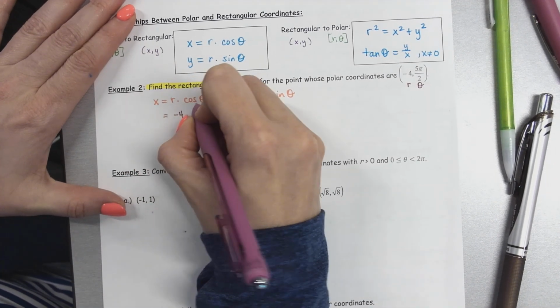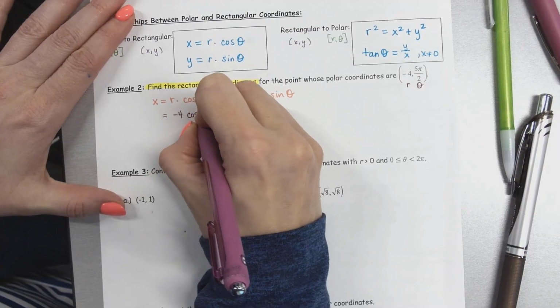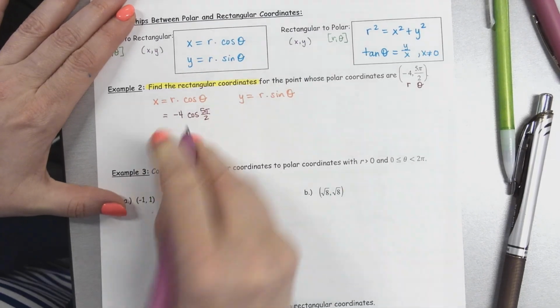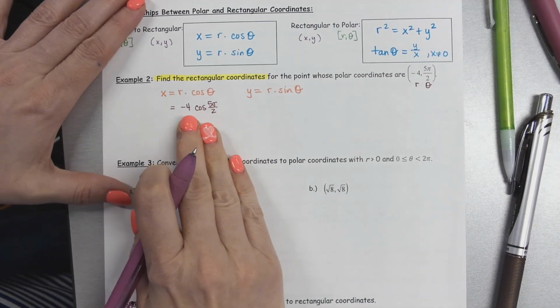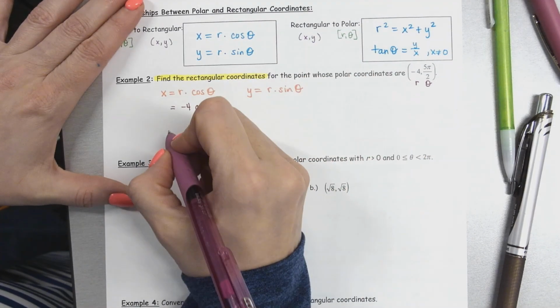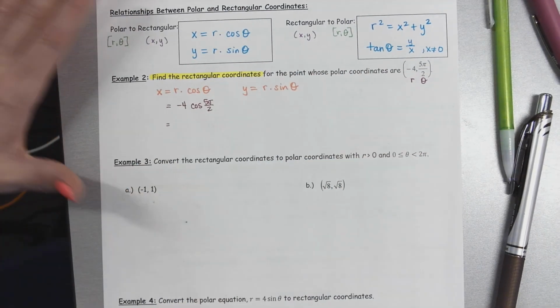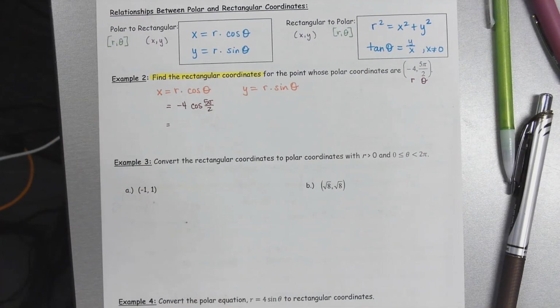So r is -4, theta is 5 pi over 2. Okay, what do you guys think our next step is going to be in simplifying here? What part can we simplify? Yep, so what are we going to do? What are we going to do to simplify this?